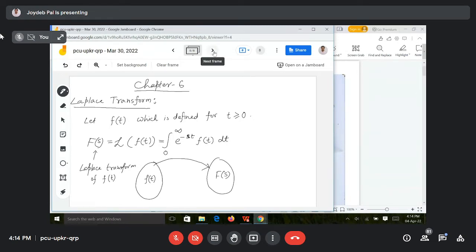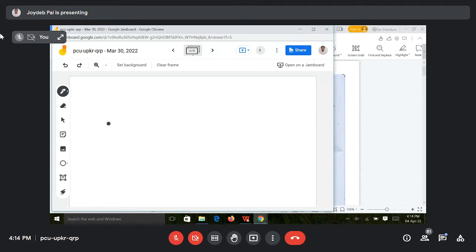Fine. So for some example, if f(t) is equal to 1, given f(t) equal to 1, which is defined for t greater than or equal to 0, what does f(t) equal to 1 mean?